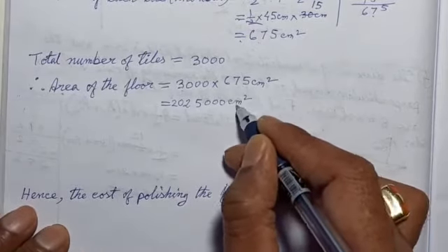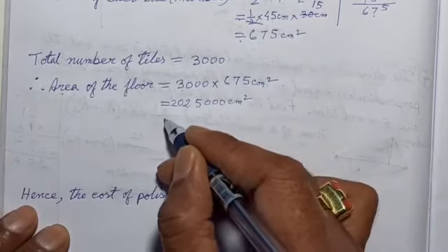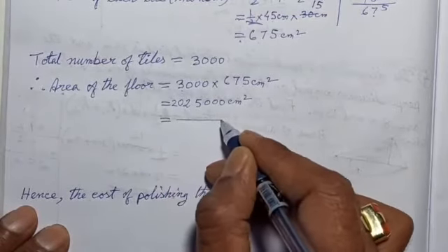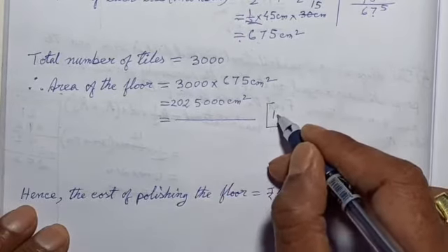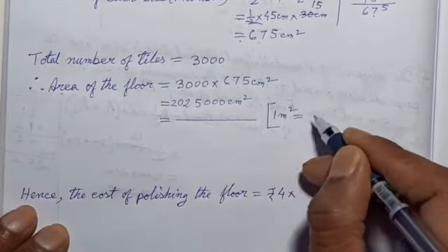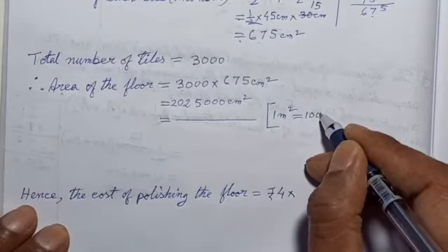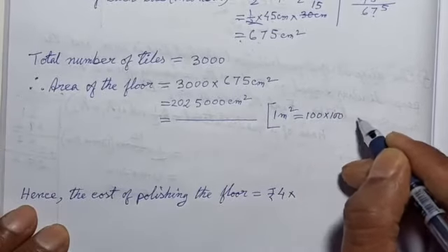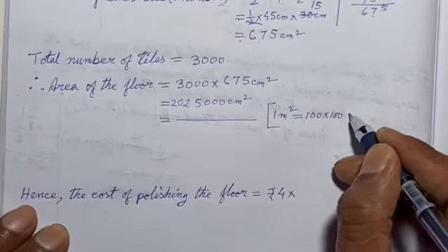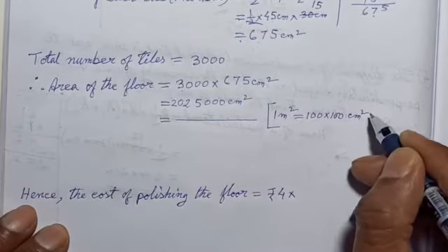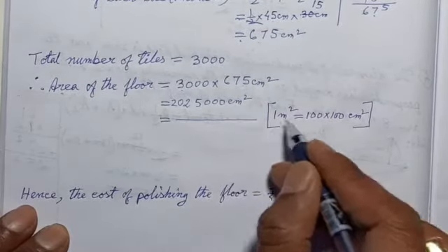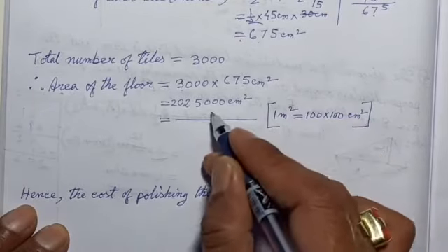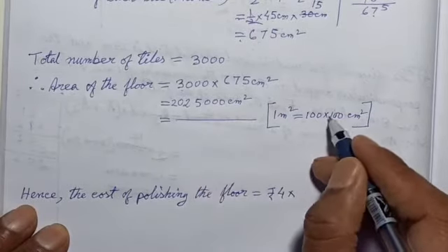Now this centimeter square, let us convert into meter square. In 1 meter square, there are 100 into 100 centimeter square. So to convert this centimeter square into meter square, we need to divide 2025000 by 100 into 100.